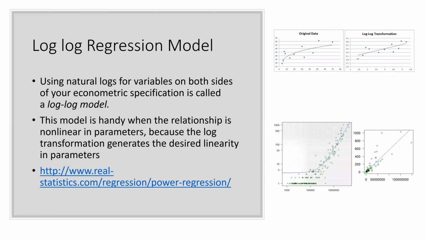And there is also another way to do it, which is to use the natural log for variables on both sides of your data. We call it the log model. This model is handy when the relationship is nonlinear in parameters, because the log transformation generates the desired linearity in parameters.